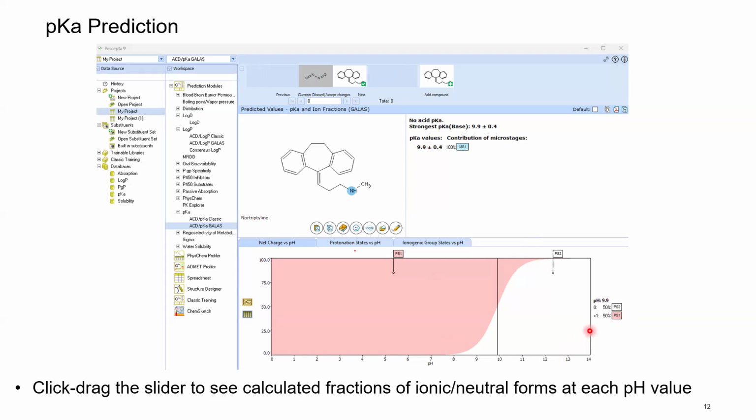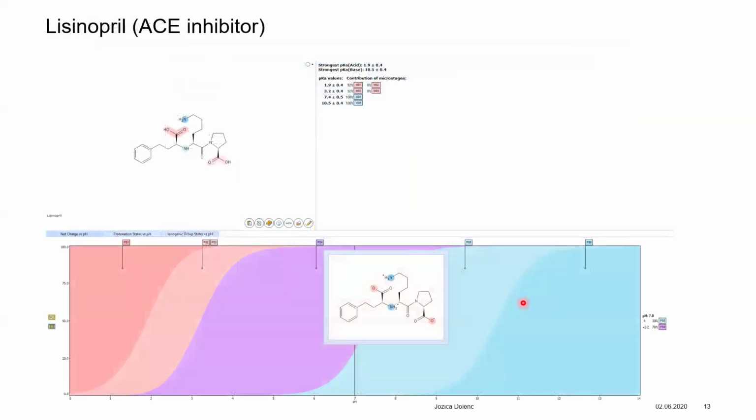So that's the definition of a pKa. And of course, if you have more than one form, like this lisinopril ACE inhibitor with 2 acidic groups and 2 amines, this gets a bit complicated. It's really interesting then to see what is the distribution of these charged species across a range of pH.